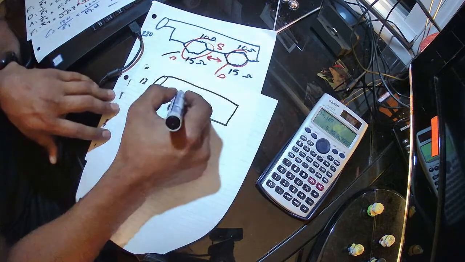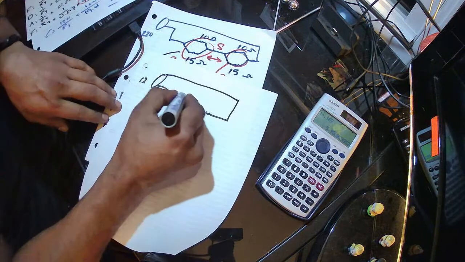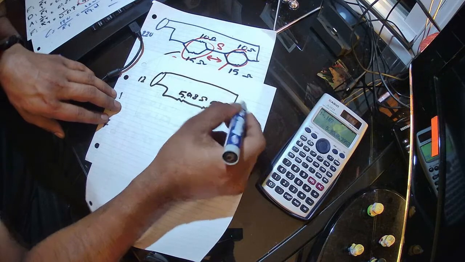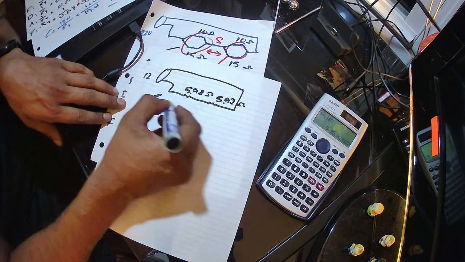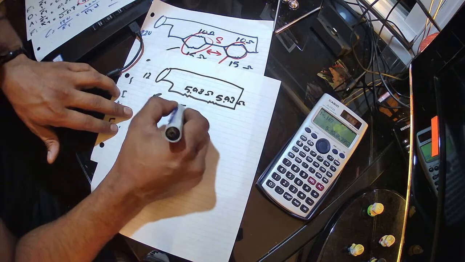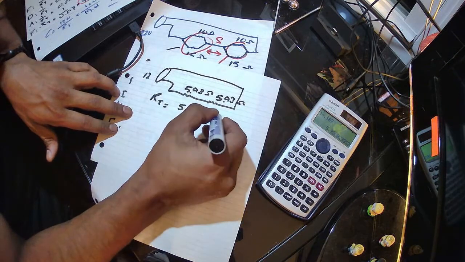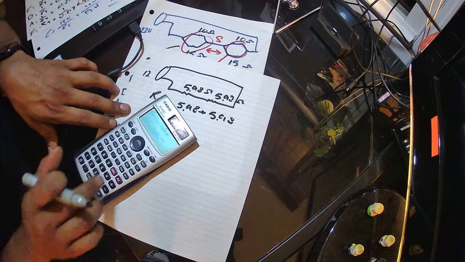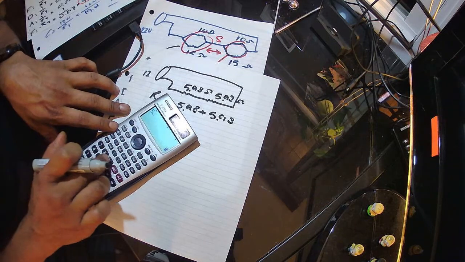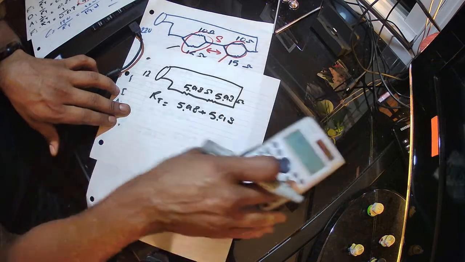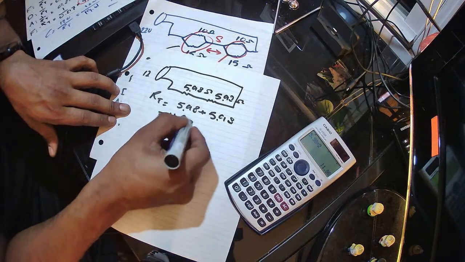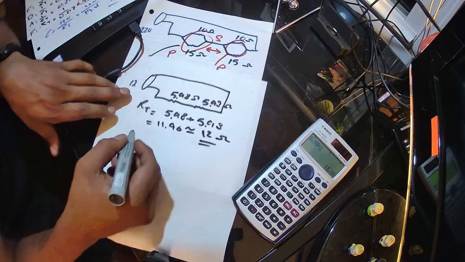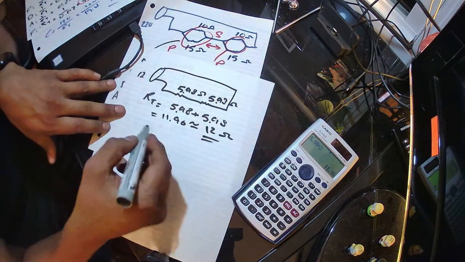I resolve these two into 5.98 ohms, and this one will be 5.98 ohms, and adding them together, 5.98 times 2, I get 11.96, almost 12 ohms. So that's my total resistance for this circuit after it's been reduced.